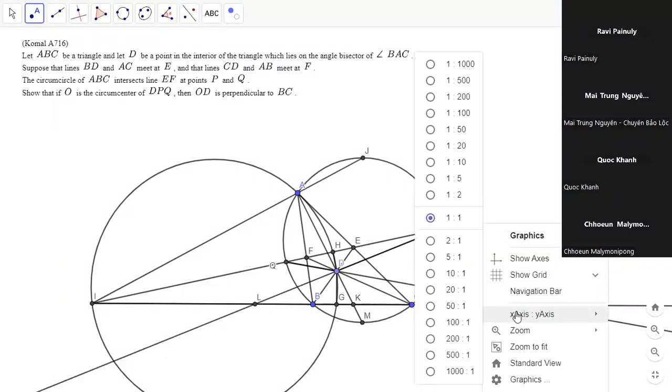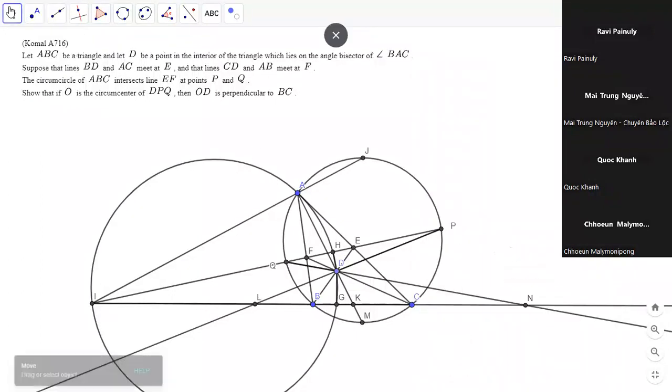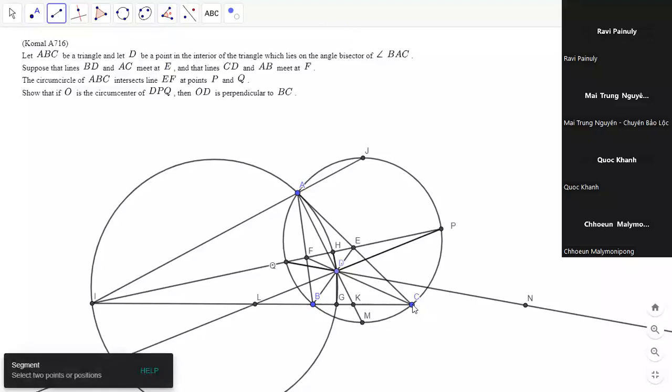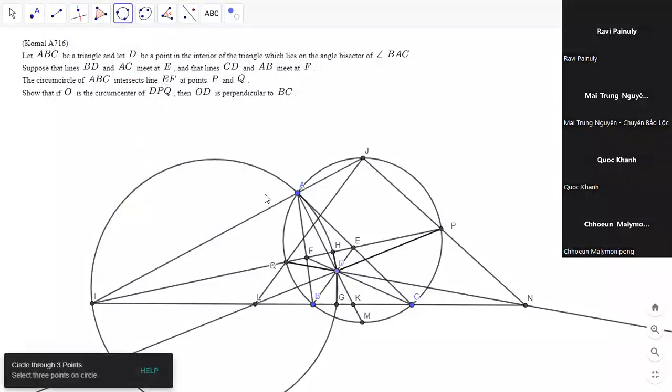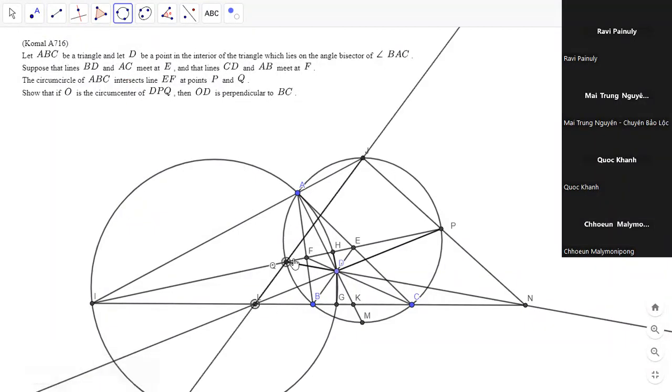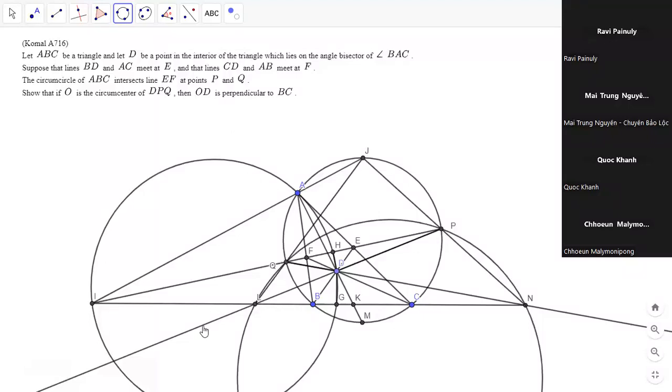Okay, now what I found is that we have collinearities LQ and J, and also NP and J. Interesting. Also, Q, P, and L is cyclic, and A is the Miquel point of that quadrilateral. Wow, that's a lot of information. Yeah, and I didn't prove any of it for now.